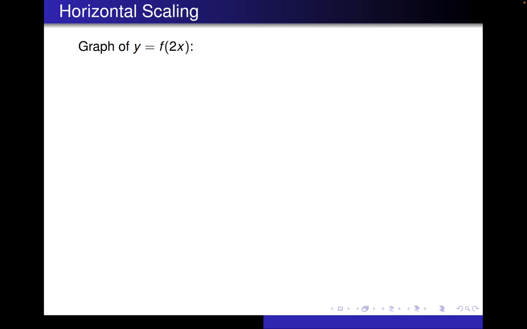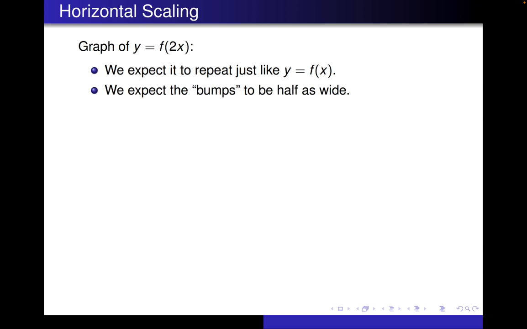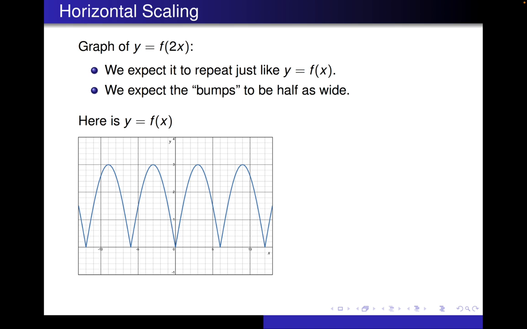So if we're looking for the graph of y equals f of 2x, what do we expect? We expect it to repeat just like y equals f of x does, right? So we still expect it to be a periodic function, but we expect the bumps to be half as wide, because for each y coordinate it only takes half the time to get there, so those bumps are going to be a lot skinnier. So remember, here is y equals f of x.